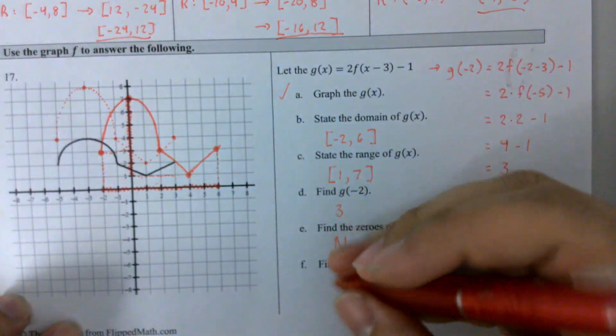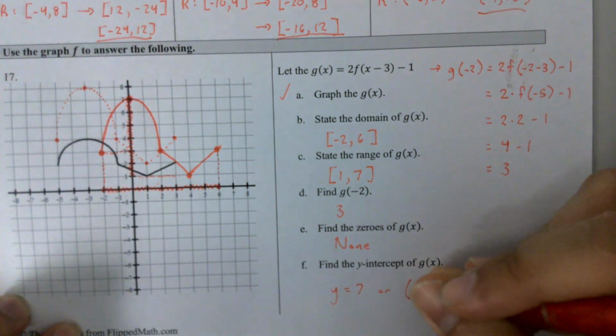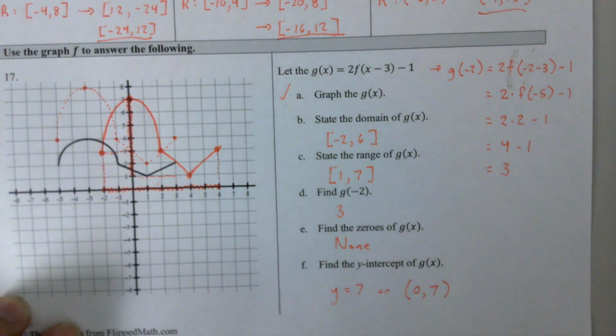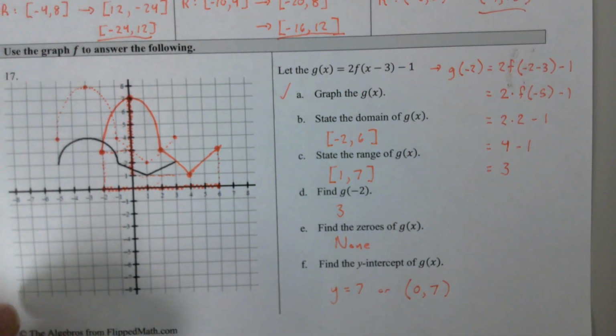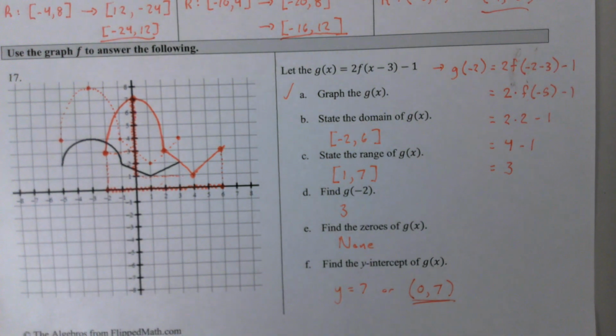And so that's going to be at y equals 7, or you can write it as 0, comma, +7. Either one of those works, but I personally prefer this. However, I'm still not sure which one the AP exam will necessarily present, so that's why I would want you to know both of these. But if you write y equals 7 on a free response or something, that should be fine.